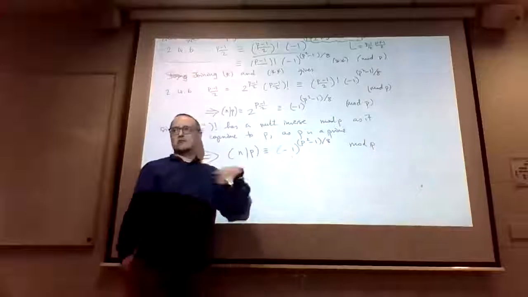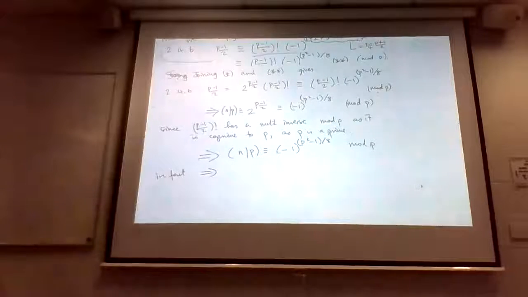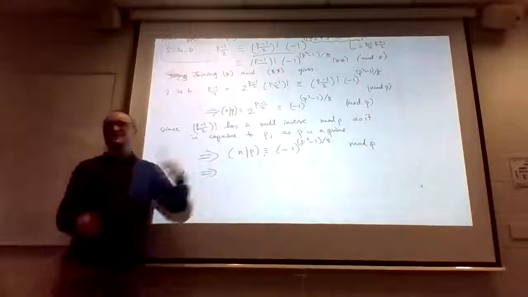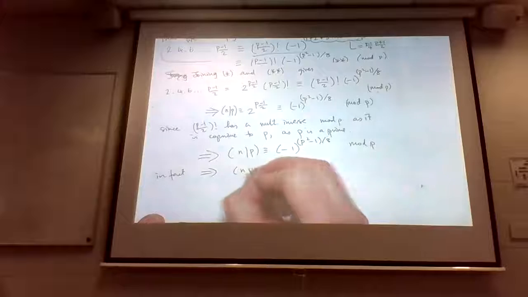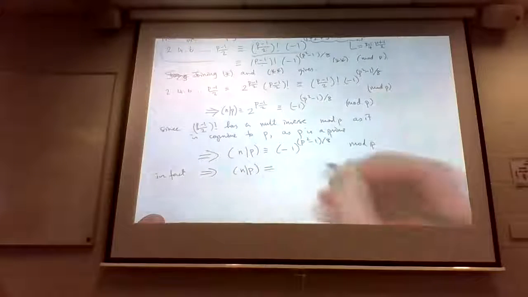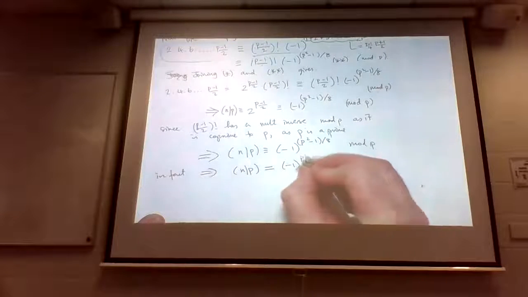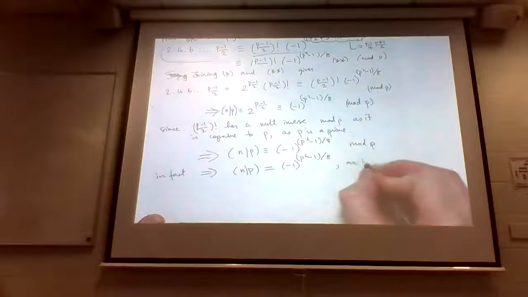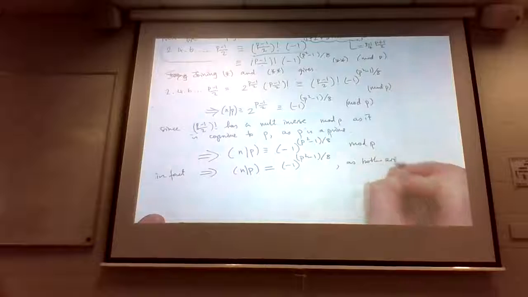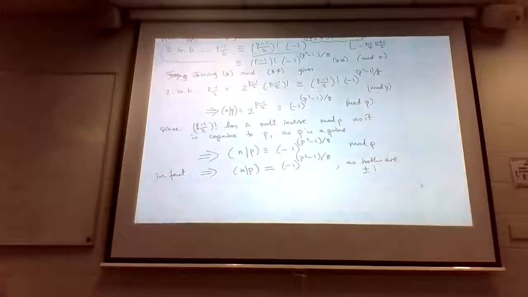This is a power of minus 1, so it is either plus 1 or minus 1. So not only are the two things congruent, they're actually equal, as both are plus or minus 1. There's no ambiguity of being congruent, differing by a multiple of p. They're exactly equal.